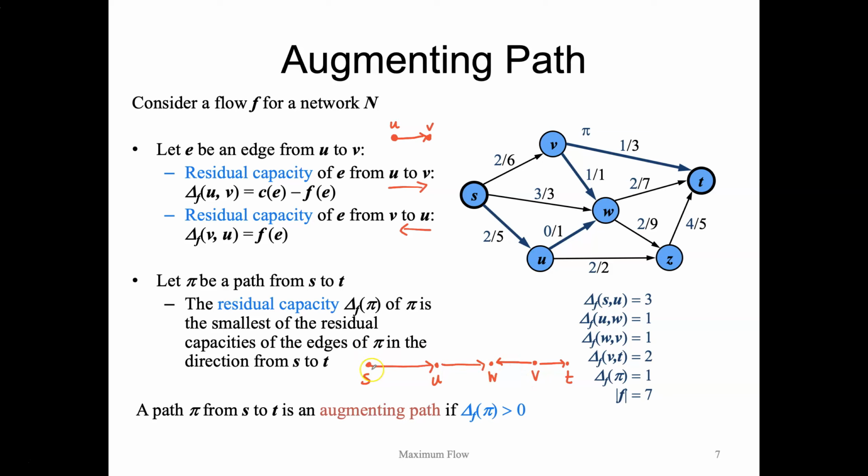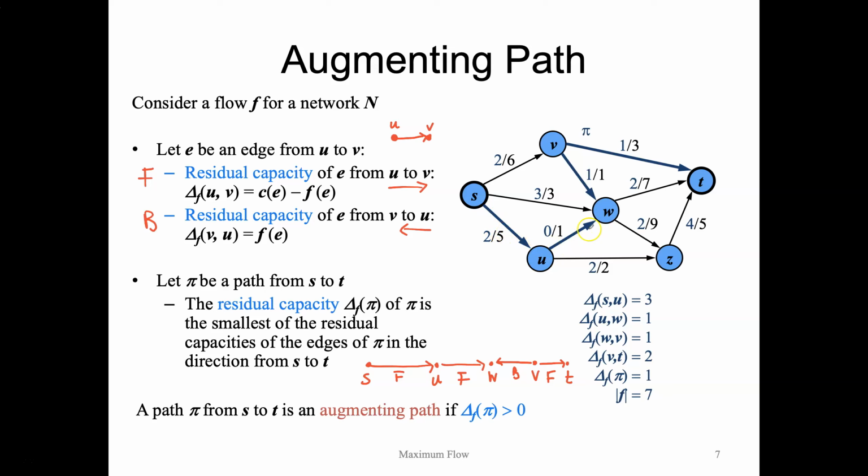Now, if I want to distinguish them as forward edges or back edges, in this way I have a forward edge here, a forward edge here, a back edge here, and a forward edge here. So the residual capacity of S to U is 3 because we could send an additional 3 units of flow through this without maxing out this, let's say, 5 gallons capacity.